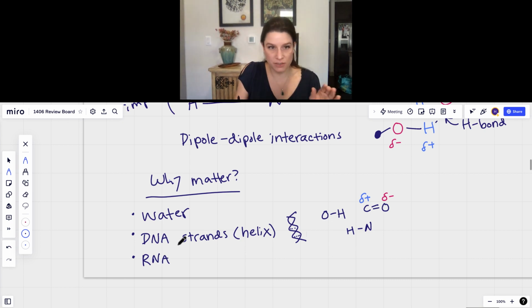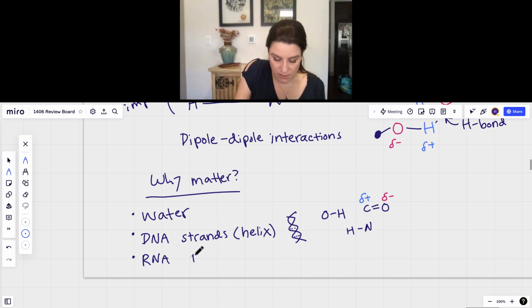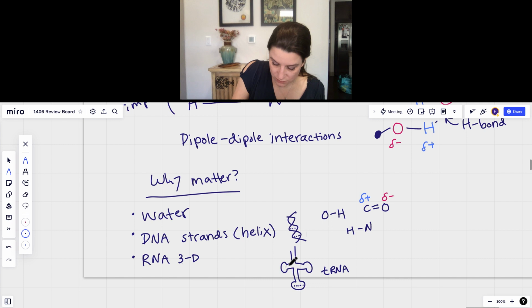So mRNA is just a linear molecule. But other RNAs, like our tRNA, have a structure which is critical for its function, and it is held together by dipole-dipole interactions.